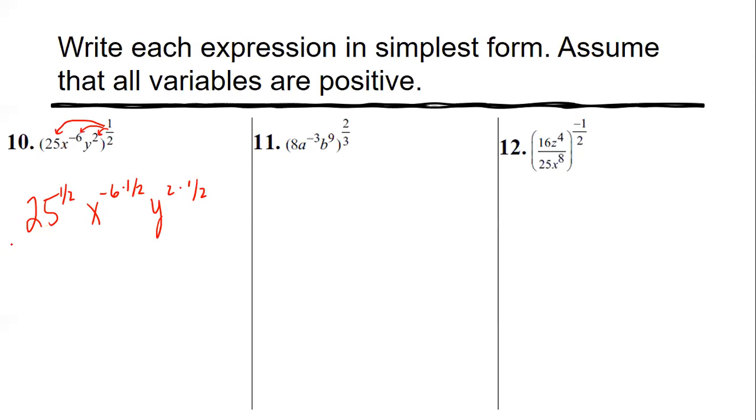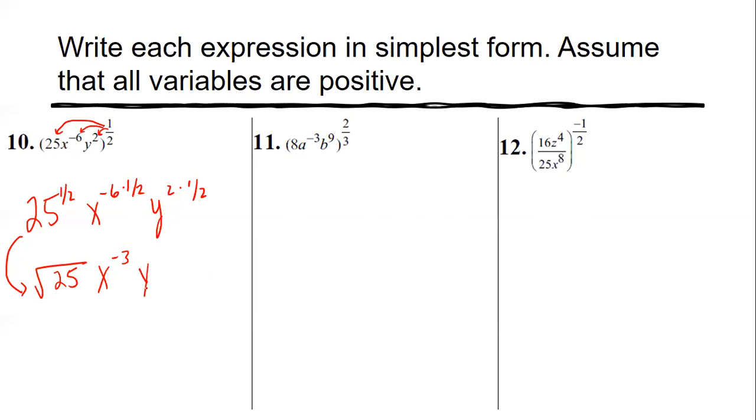What does it mean when I'm taking the half of something, half power? It means you're taking the square root of it. Again, remember, the numerator is the power, the denominator is the root. I have negative 6 times 1/2. What is negative 6 divided by 2? Negative 3. I have y to the 2 times 1/2.